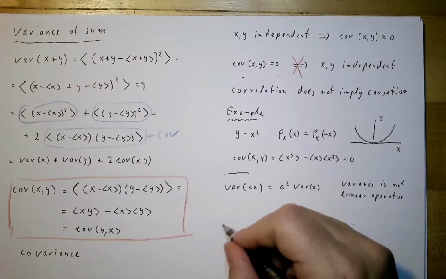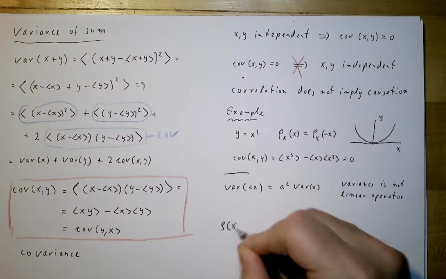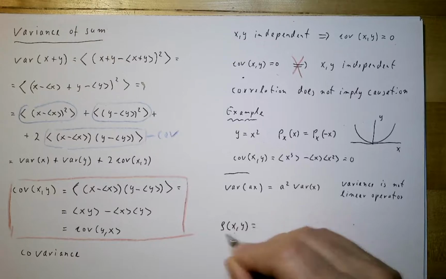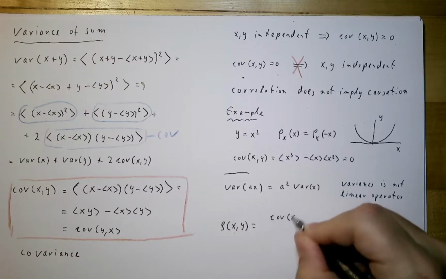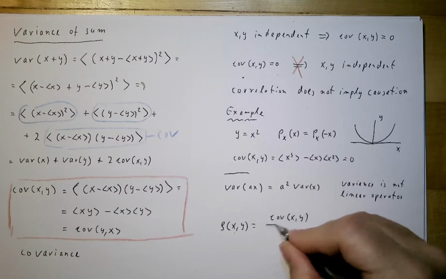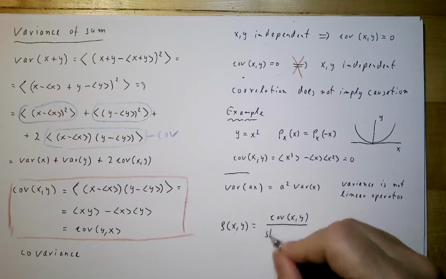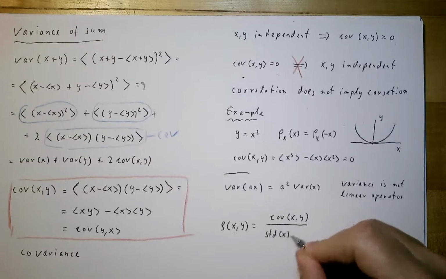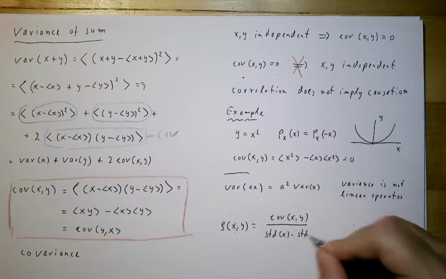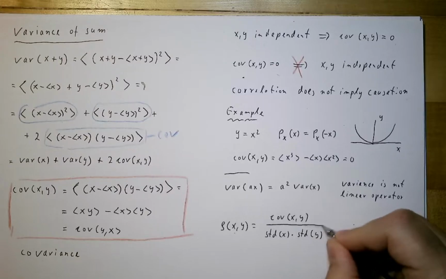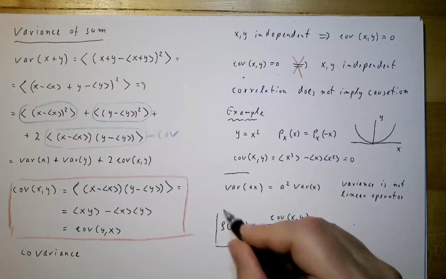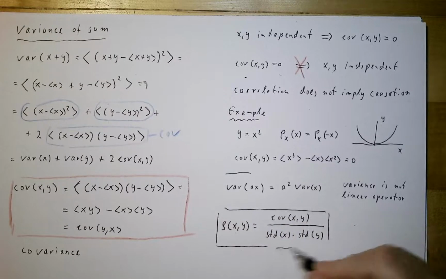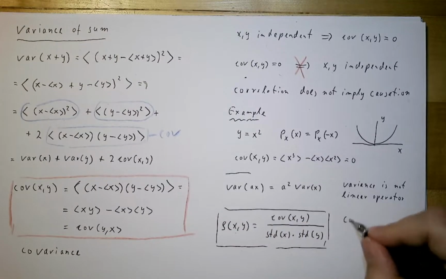So then we introduce this rho of x and y, and that's the correlation. That's the covariance of x and y, normalized by the standard deviation of x times the standard deviation of y. And this is the correlation coefficient.